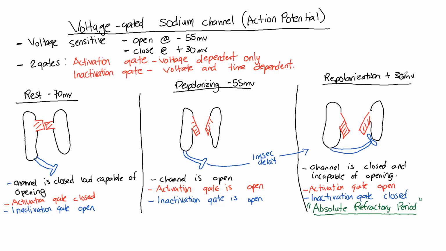At +30, that 1 millisecond delay is going to close the inactivation gate, while the activation gate is open. So the channel is closed, but completely incapable of being open until we get back to rest. Again, this coincides with that refractory period where we cannot fire another action potential without going back to the resting membrane potential.